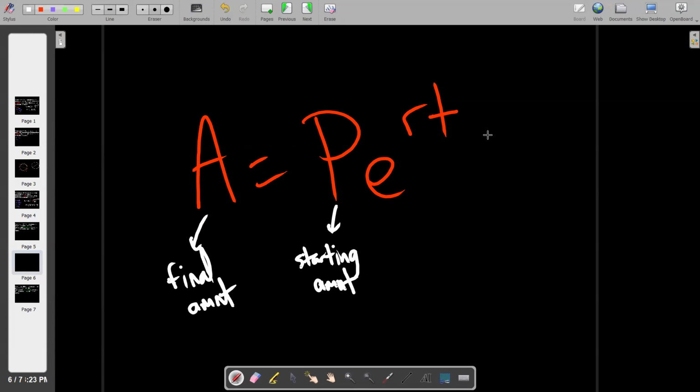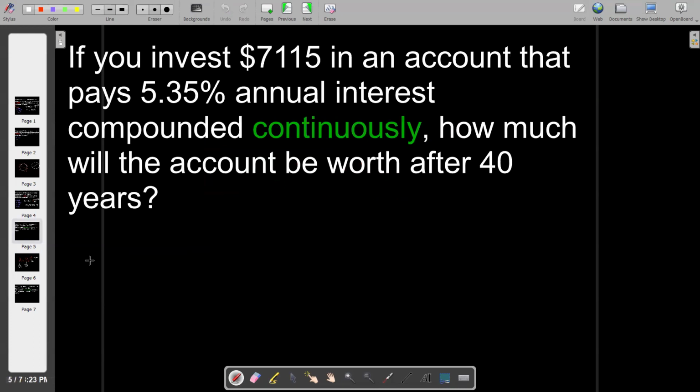And then always, what will R be? Your interest rate. Always make sure you convert that to a decimal. That will never change. And then what is T? Your time, your number of years. Okay. So the cast of characters hasn't really changed. It's just that N got kind of voted off the island because he can't make any sense anymore. So this is our PERT formula, and this is what we will use for any problem that has the word continuously.